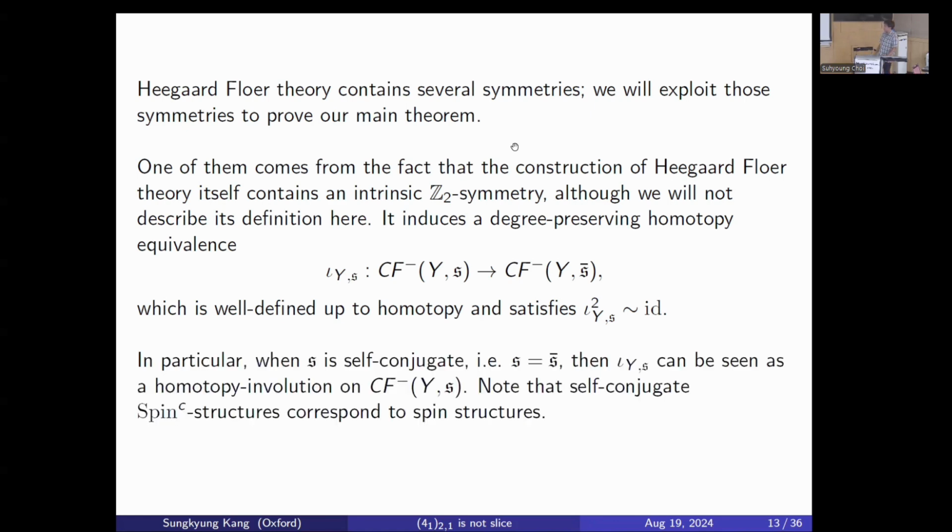In particular, if your spin-C structure is self-conjugate, which is almost equivalent to saying that it's induced by a spin structure, in which case this can be seen as a homotopy involution from CF minus to itself. And note that in our setting, it corresponds to spin structures.